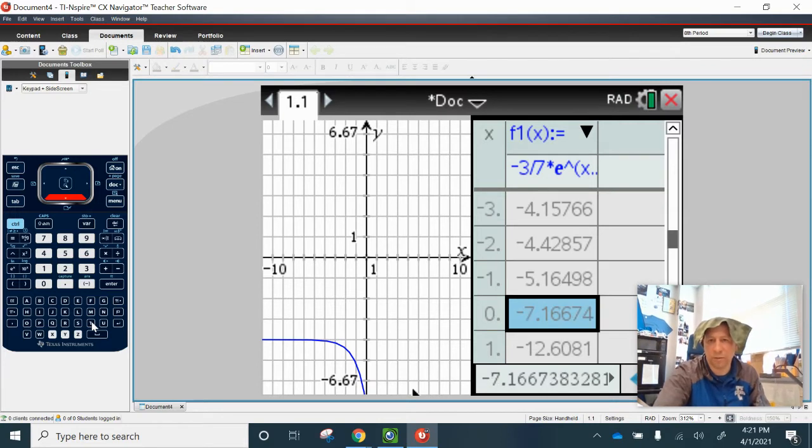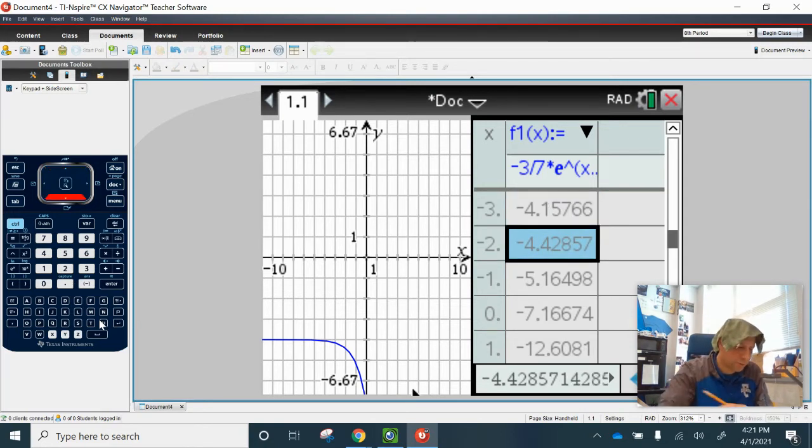And then 0, -7.16. Maybe -2, -4 point something. Again, when you want to try to use whole numbers, but when you can't, you try to use the best decimals you can by approximating.